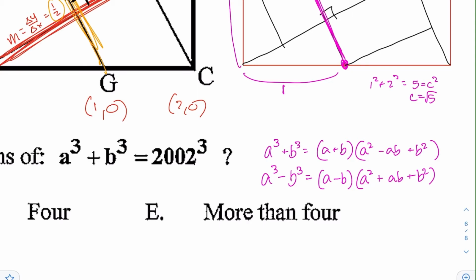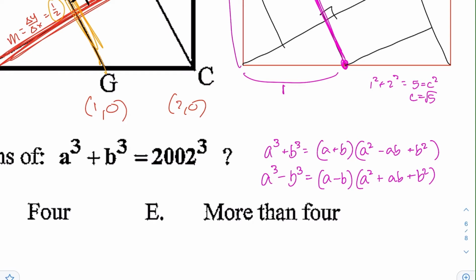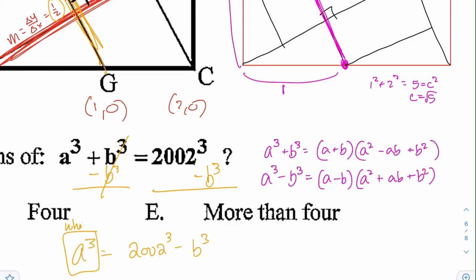So you can use either one of these, but we don't know what one of these numbers is, so it's actually helpful to subtract b cubed from both sides. That way we have a cubed is equal to 2002 cubed minus b cubed, and we know that a cubed must be a whole number.